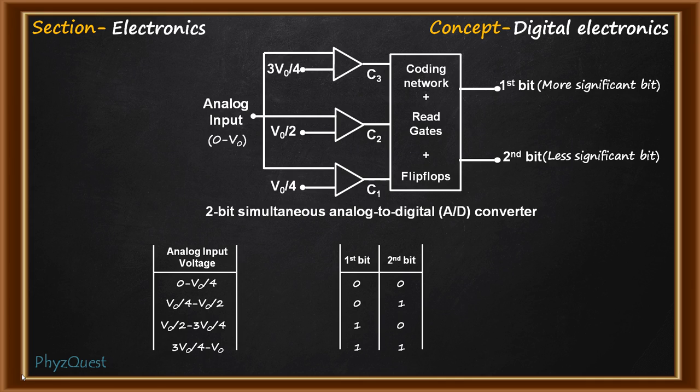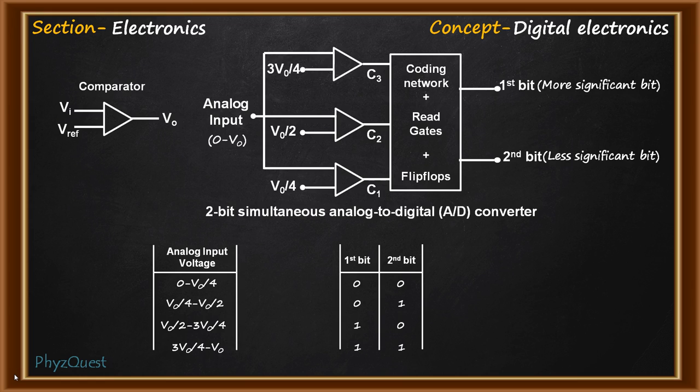Now these parts will be fed to a set of comparators. There will be 2 to the power 2 minus 1, which is equal to 4 minus 1, that is 3 comparators, as you can see. Here the fundamental principle of a comparator is that it compares 2 voltages and produces an output of either 1 or 0.